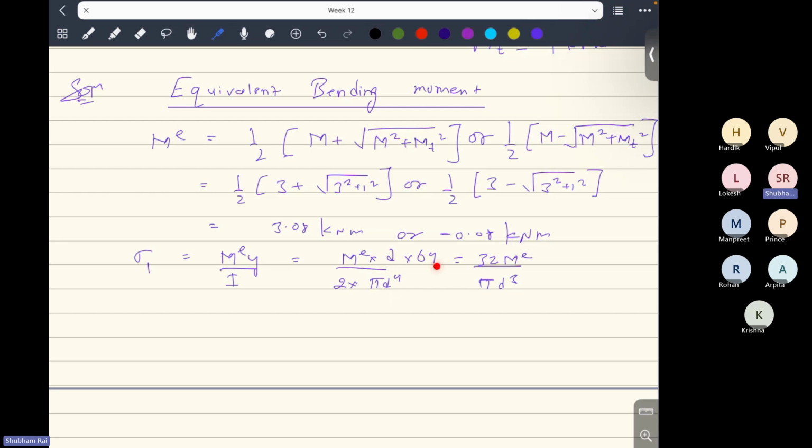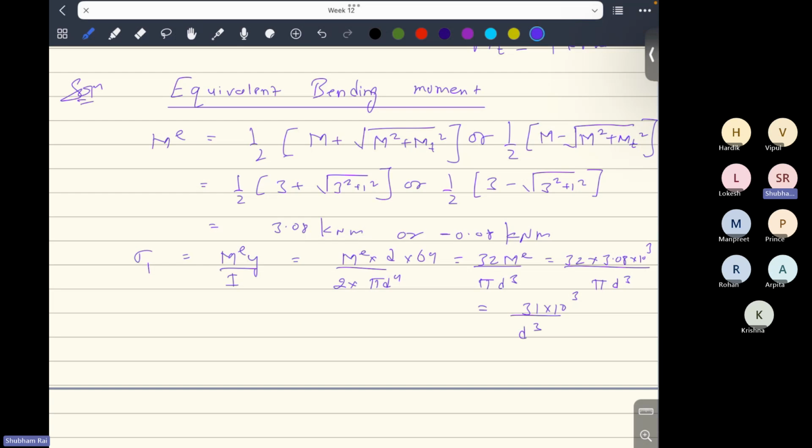So if you put all the values in this formula, 32 into 3.08 times 10 to the power 3 because it is kilonewton meter, divided by pi d cube. Finally, approximately you will get 31 into 10 to the power 3 divided by d cube.